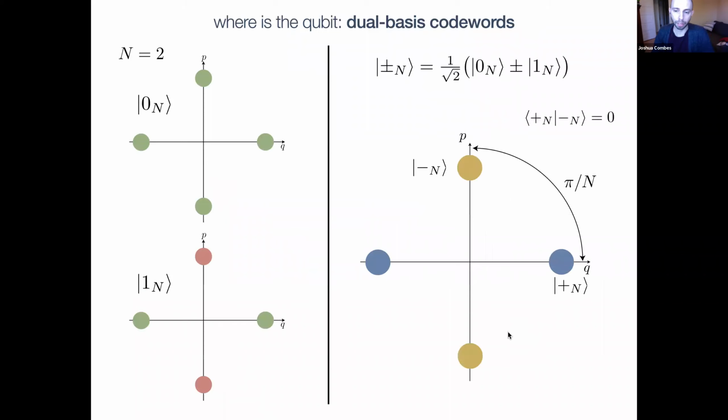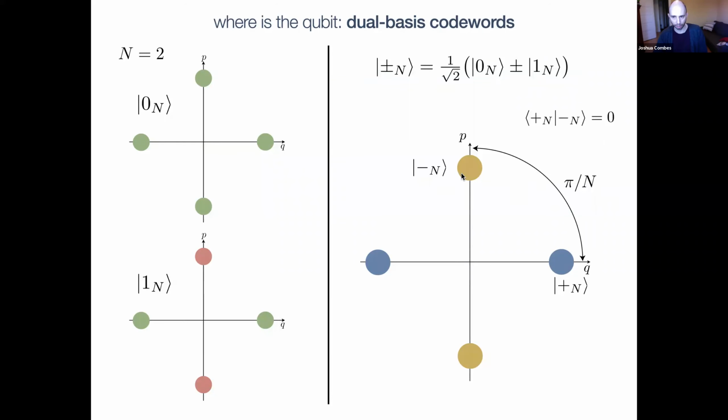Now, the dual basis code words are a little bit trickier. Now you have to take a superposition of 0 and 1, and this will give you the plus state. You can see just by looking at the colors here that the red and green are going to cancel, and so this will give you this blue state here. This is the plus code word for an n equals 2 code, and you can actually see it has an n equals 2 rotation symmetry.